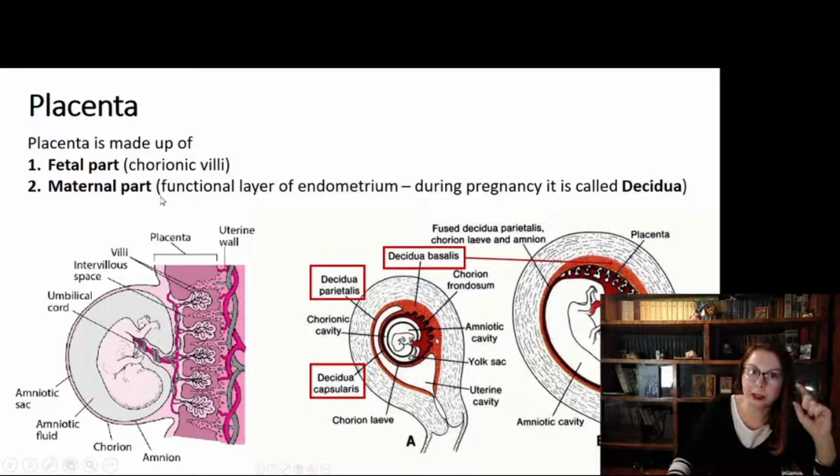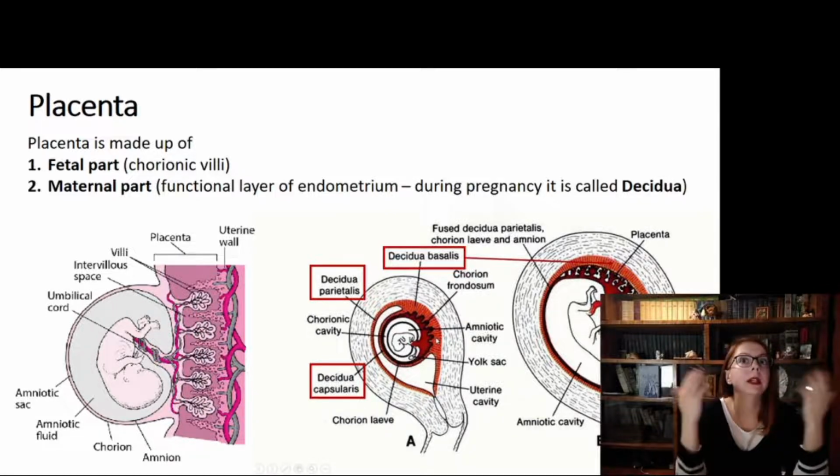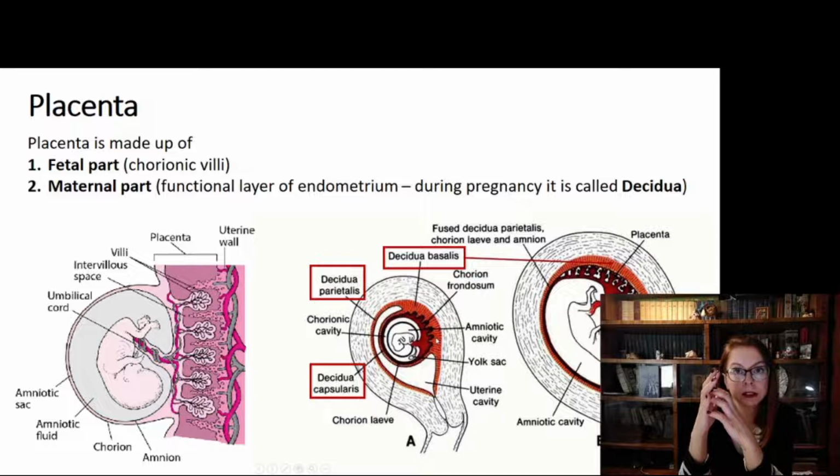Now, during pregnancy, the endometrium is called decidua in Latin. So if you see the word decidua, you imply endometrium. And we have to understand that not the whole endometrium participates in the formation of placenta, only locally, where chorion invades it.